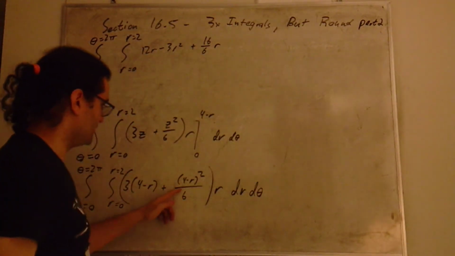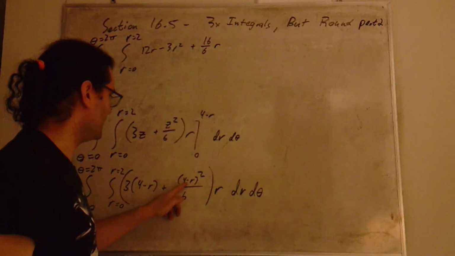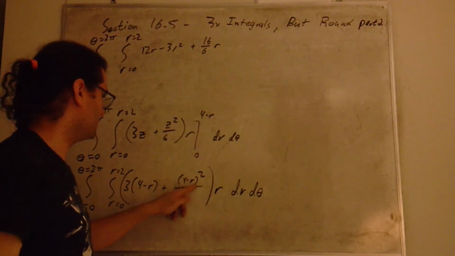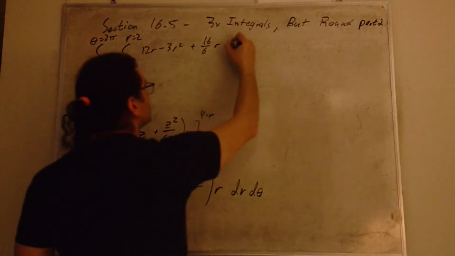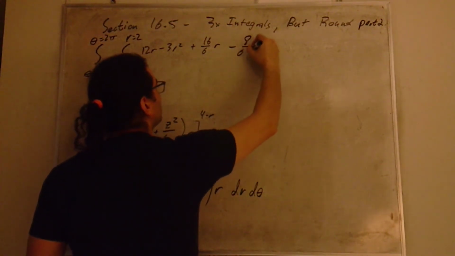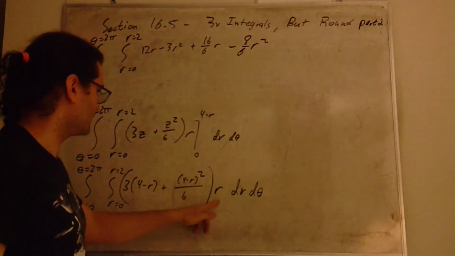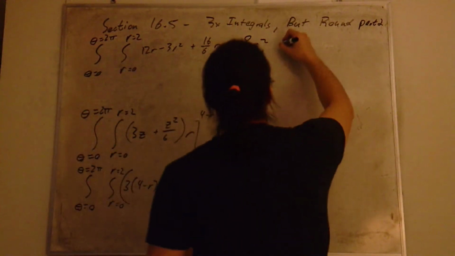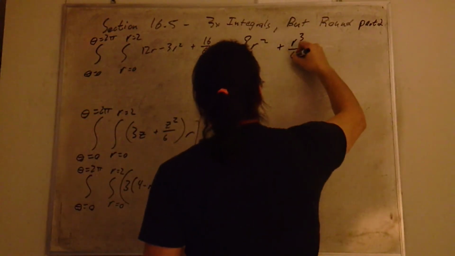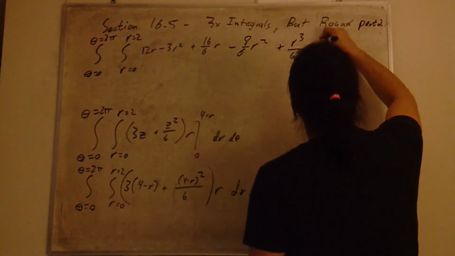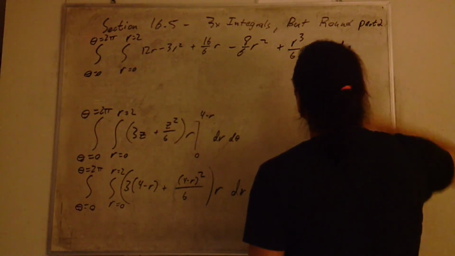And it's going to give us a negative 8r squared over 6. And a positive r cubed over 6. dr d theta.